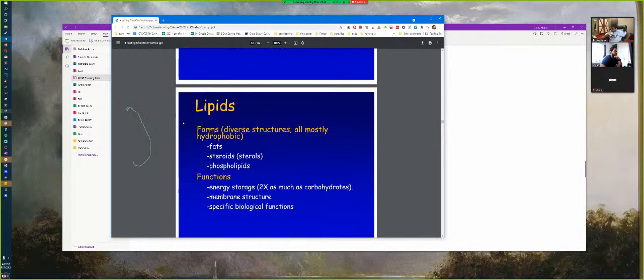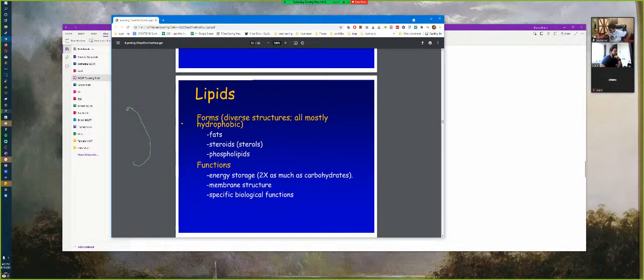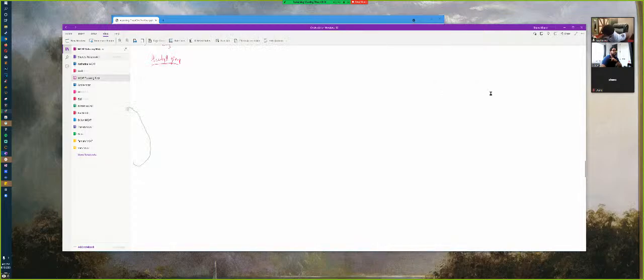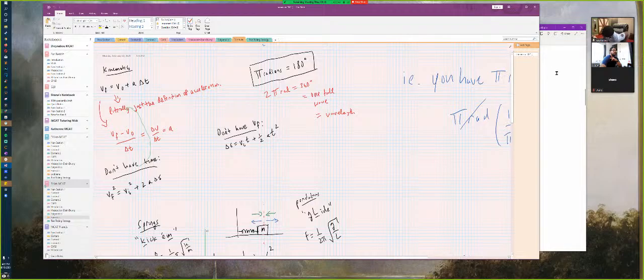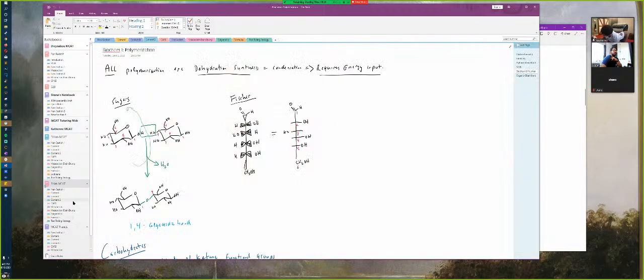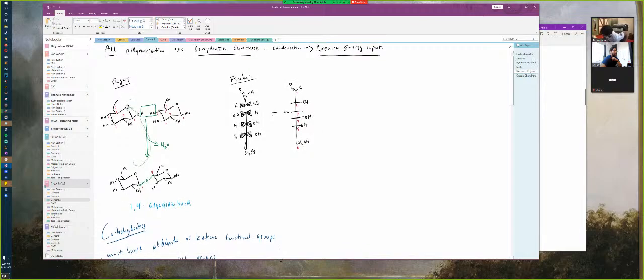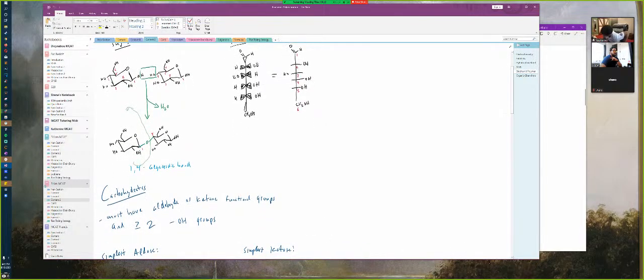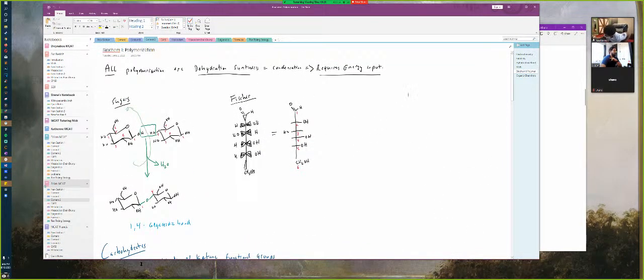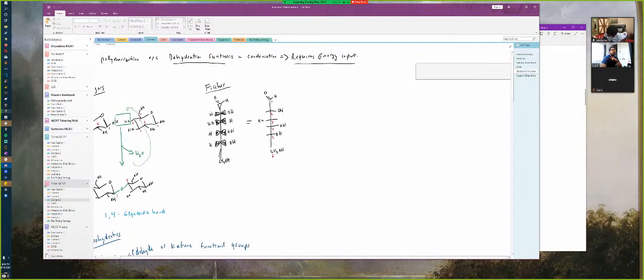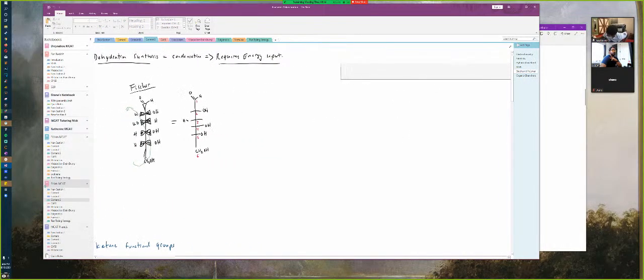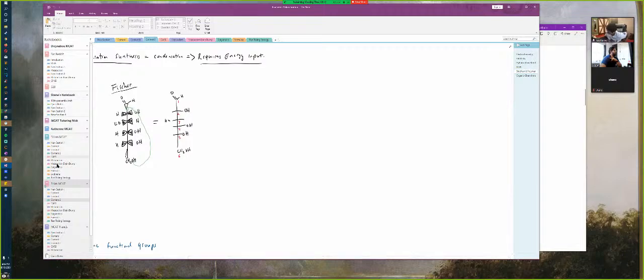So, lipids. Now you can start in your notes talking about lipids.